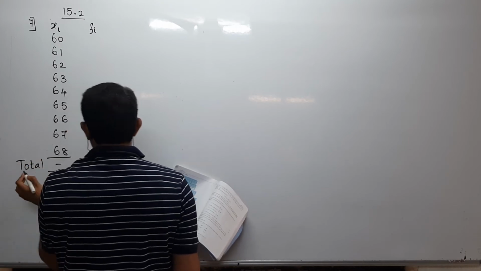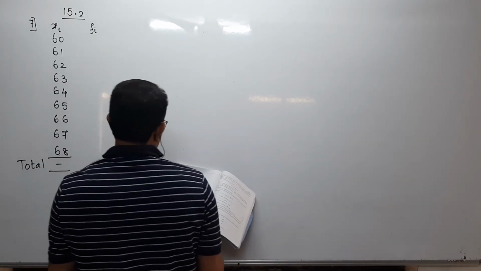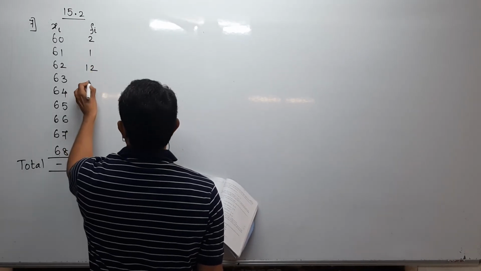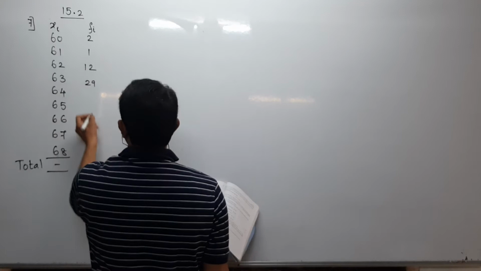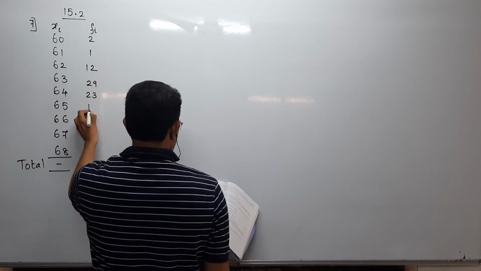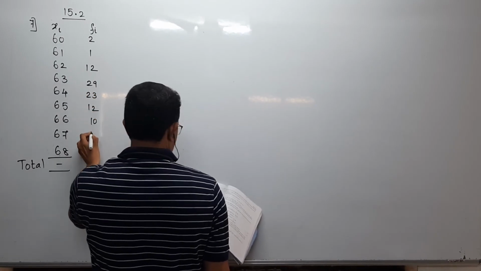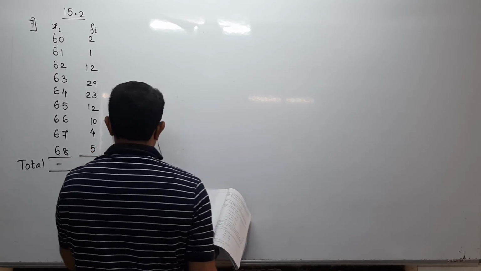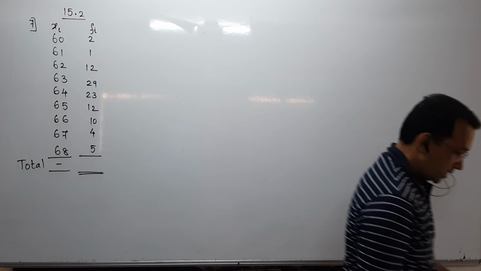We do total except. Frequencies are 2, 1, 12, 29, 23, 12, 10, 4 and 5. The last frequency is 5.